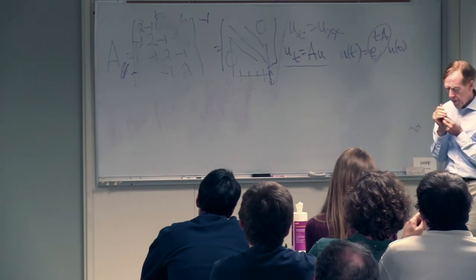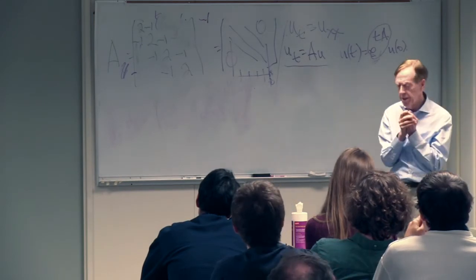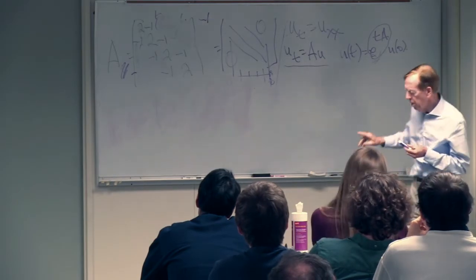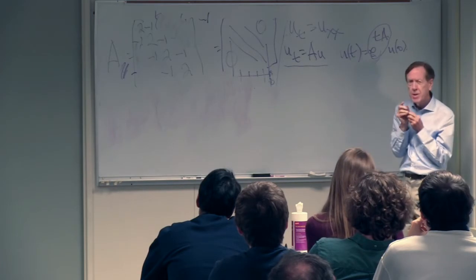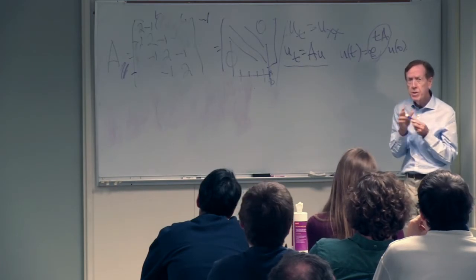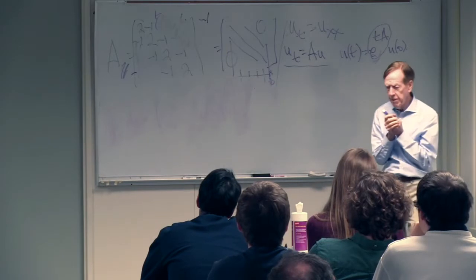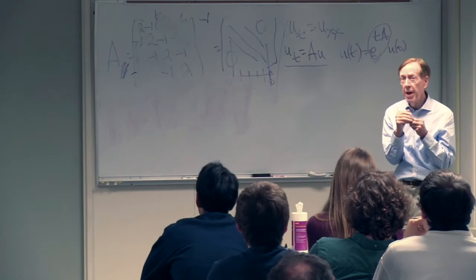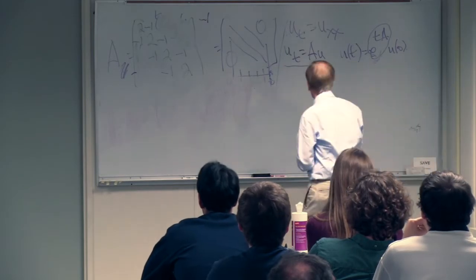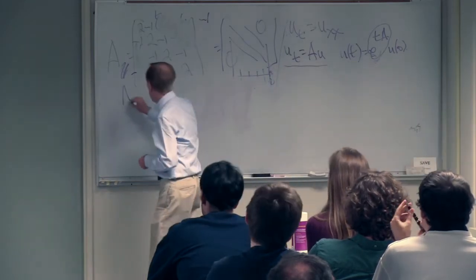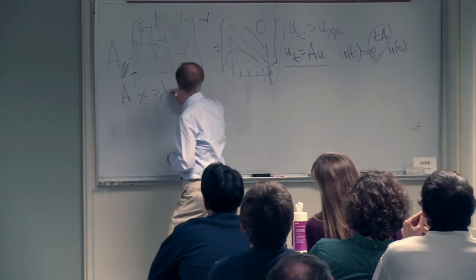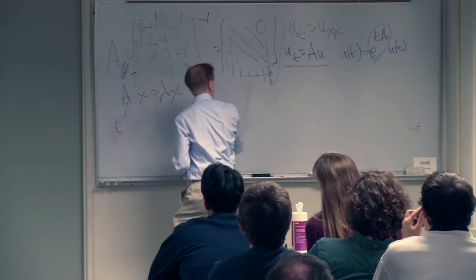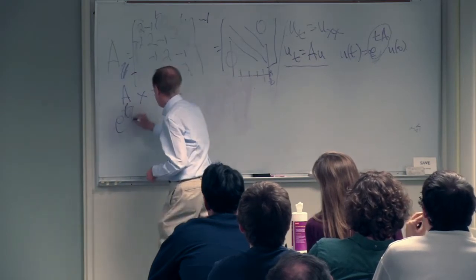Well, I have several things to say about this problem. One is that we can get more because we know the eigenvalues and eigenvectors of A, right? So if I know the eigenvalues and eigenvectors of a matrix, then I know the eigenvectors of the exponential of that. What are they? If I know A x equals lambda x, now I want to know something about e to the tA, the exponential.